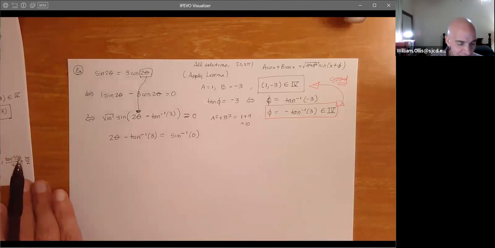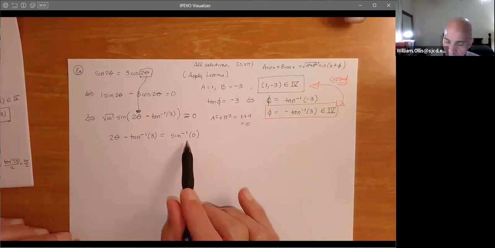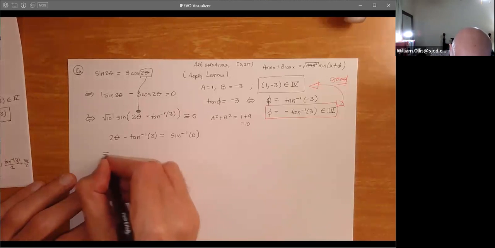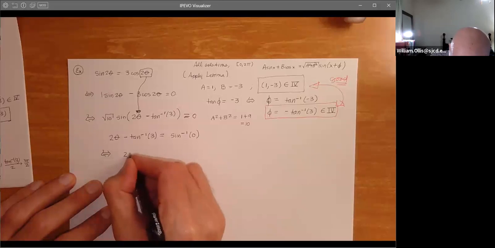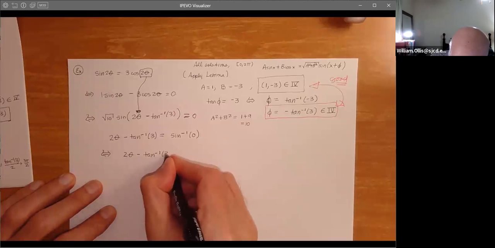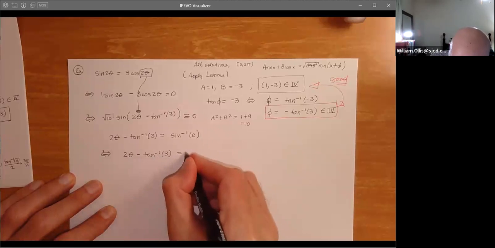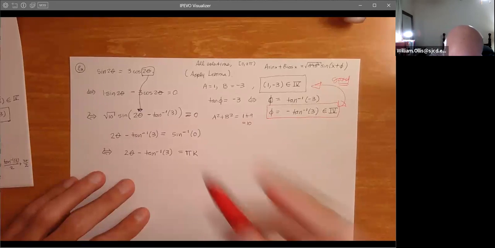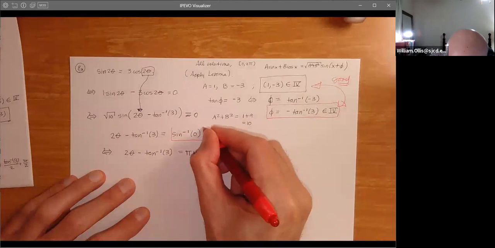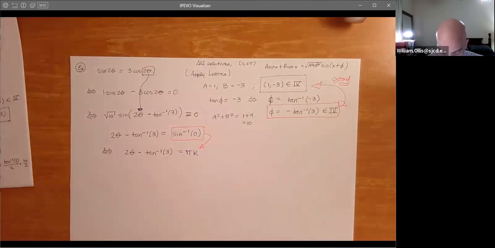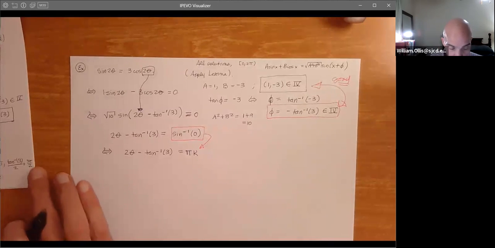So I think what's interesting about this particular example is that we get the extension without having to do a whole lot of extra work. So now we get 2 theta minus inverse tangent of 3 equals pi k. Again, this is the simple solution because we're on the axis and not in the quadrant. So now we can actually solve for this.